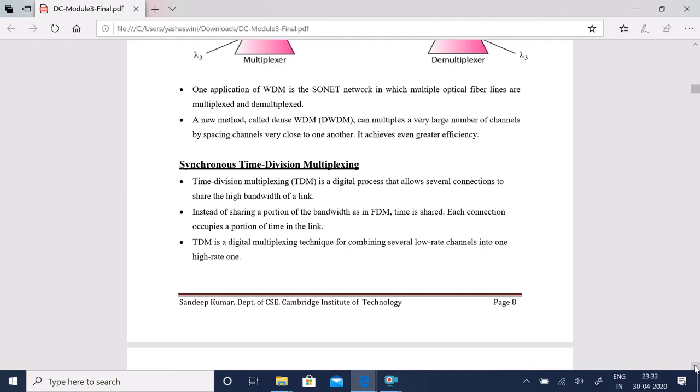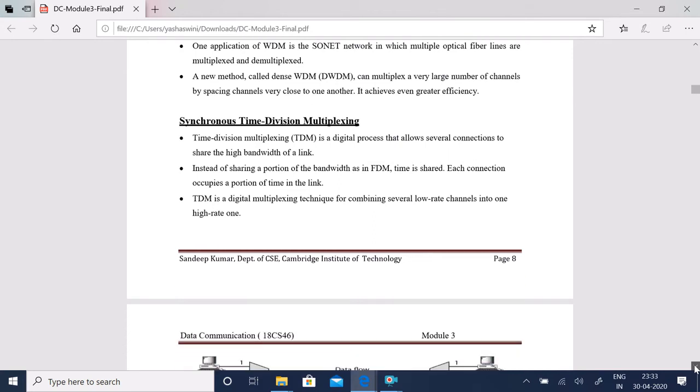Instead of sharing a portion of bandwidth as in your FDM, here time is shared. So each connection will occupy a portion of time in the link.